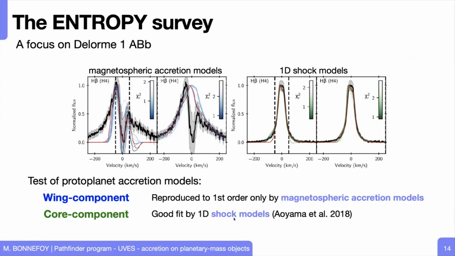And you can see that, to first order, we can reproduce these absorptions at 0 kilometers per second only with magnetospheric accretion models. While the core component, the narrow component, is better fitted with 1D shock models that have been created for also studying PDS 70, and that might correspond to a shock either at the planet surface or on the circumplanetary disk.